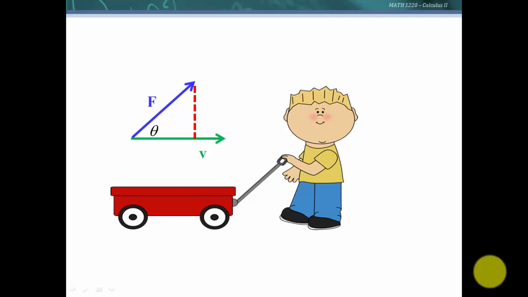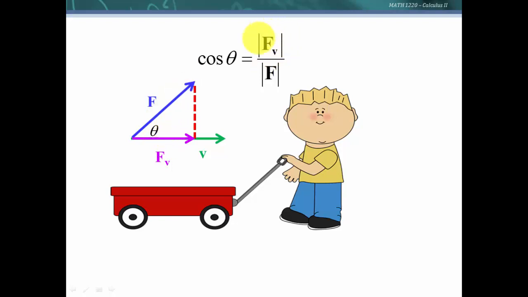So we could go ahead and look here and see the portion of that force vector that would be applied in the displacement vector's direction. Now we could use a little bit of trig here to connect these, and the cosine of this angle between the force vector and the portion of the force vector applied to the displacement being theta, then we know that cosine theta is going to be adjacent over hypotenuse.